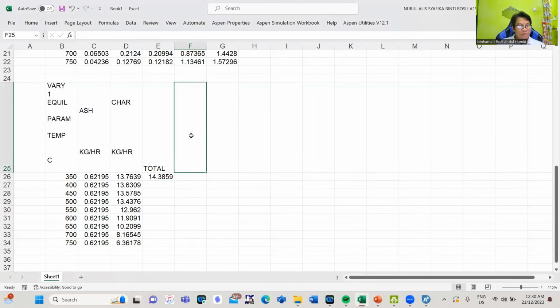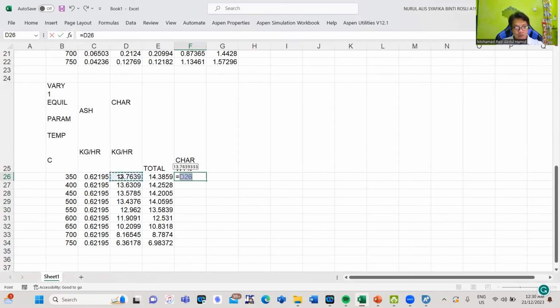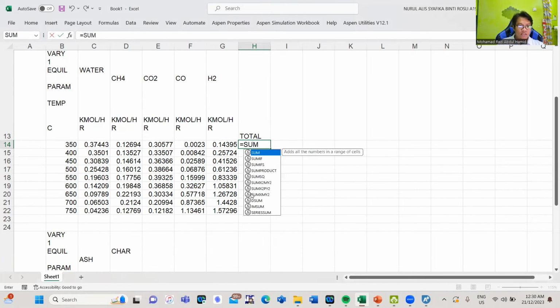Then char weight percent should be this one divided by this one multiplied by 100. Okay, do the same for the other. For this one, I will write down total, the sum of all of this.